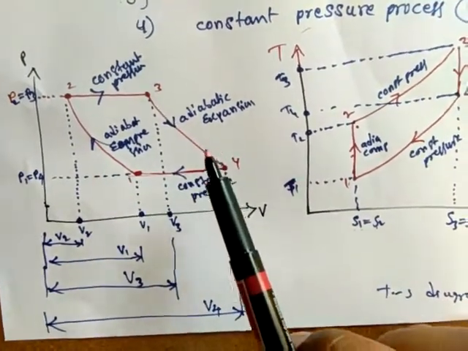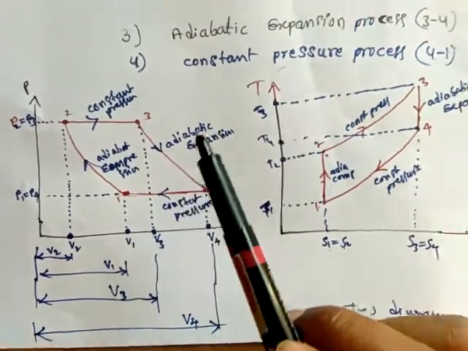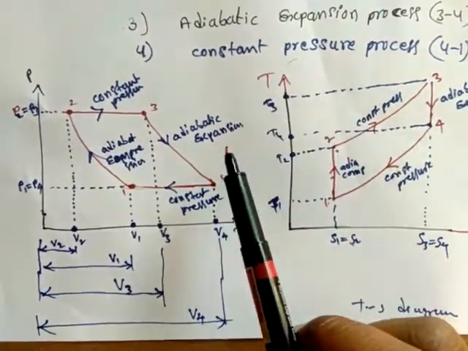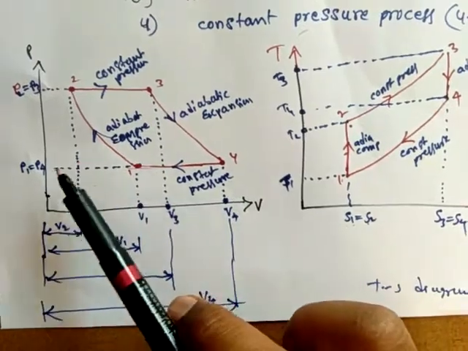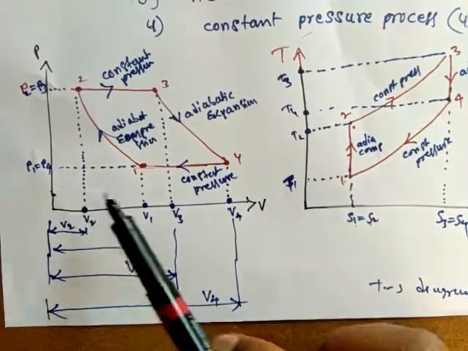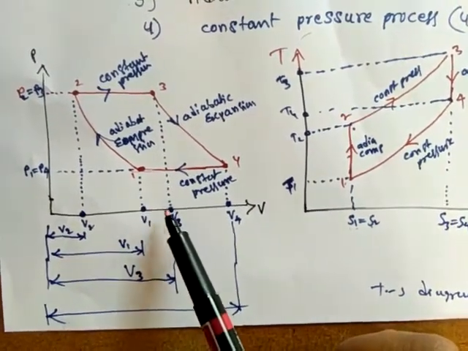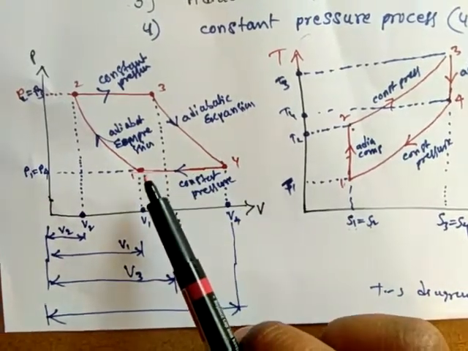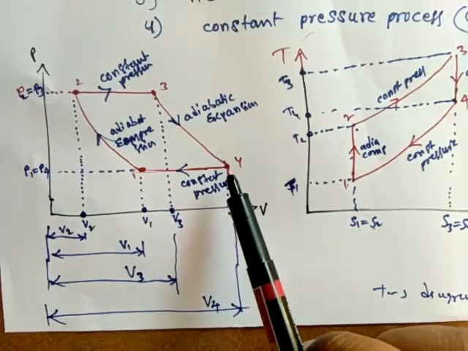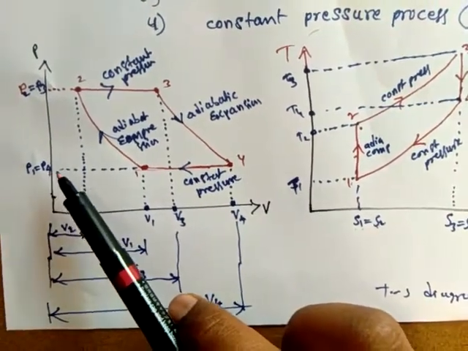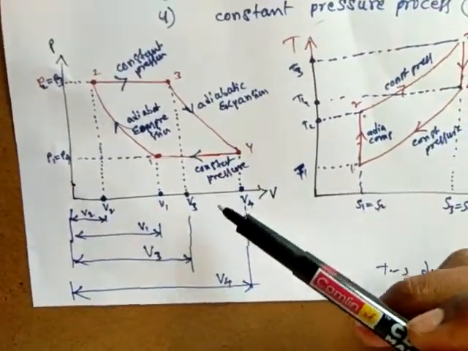So 3 to 4 is the adiabatic expansion process. And last one is constant pressure process, that is 4 to 1. The constant pressure line should be perpendicular to the pressure line or vertical axis and parallel to the x-axis or volume line. So pressure at 1 should be equal to pressure at 4, means P1 is equal to P4. This is our PV diagram.